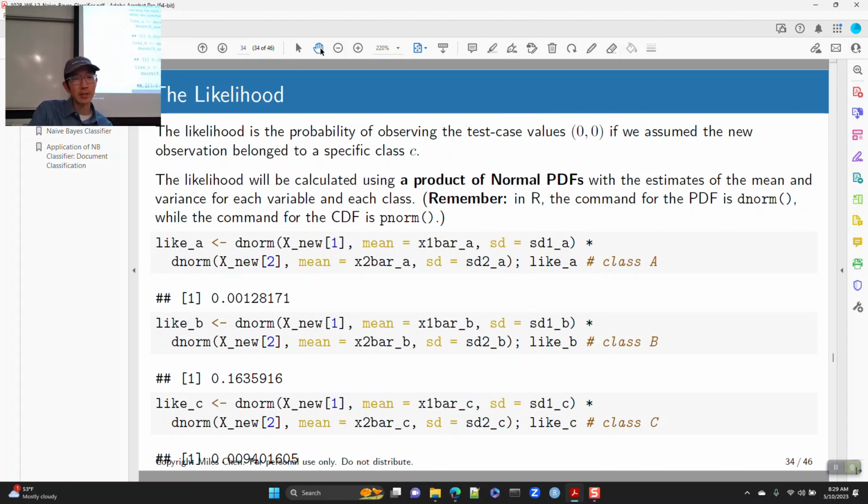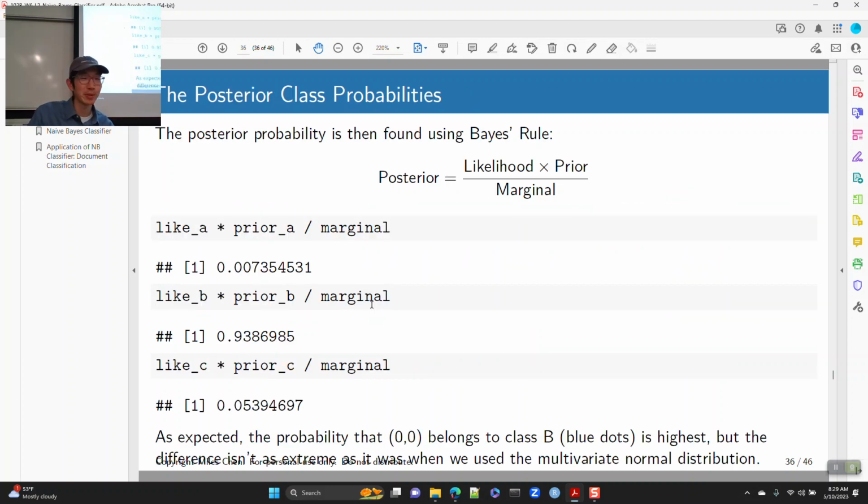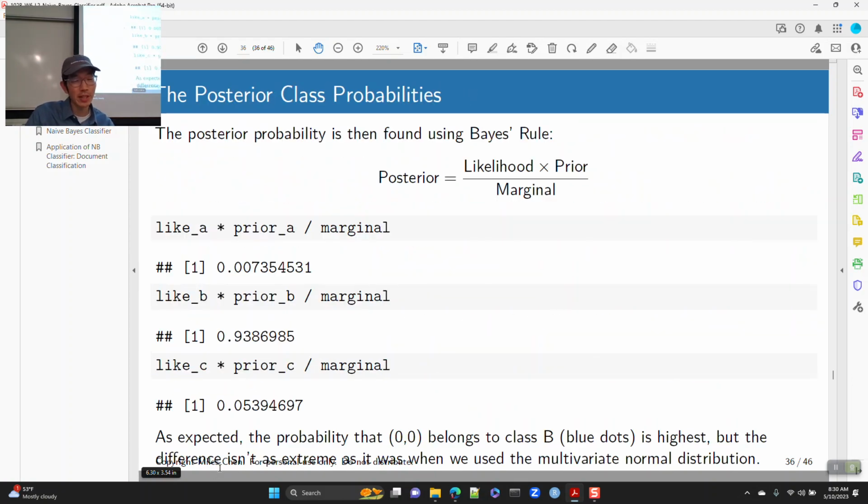Is that okay regarding getting the likelihood? The prior is going to be 1/3 for all of these. The marginal is likelihood times prior for the numerator. Again, they all cancel out, but here we'll keep them in there. I'm just going to take these numbers and scale them up so that they add up to 1. When you do that, the posterior probability that it belongs to class B is the highest at around 94%.